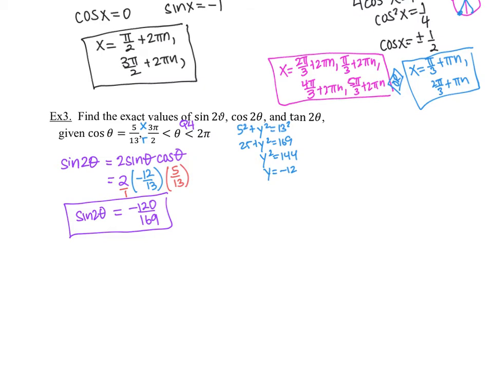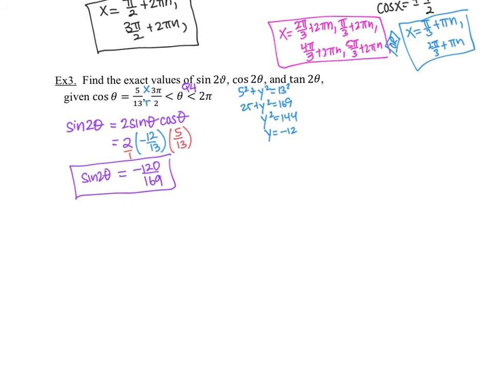Okay, let me try cosine 2 theta. Now cosine has 3 formulas. Depending on my information, I might pick a different one. Since I have the cosine and the sine, I'll just do cosine squared theta minus sine squared theta. But if I only had cosine or I only had sine, I might use a different format of the equation. They all are just rearrangements. What is the cosine? The cosine is given to me.